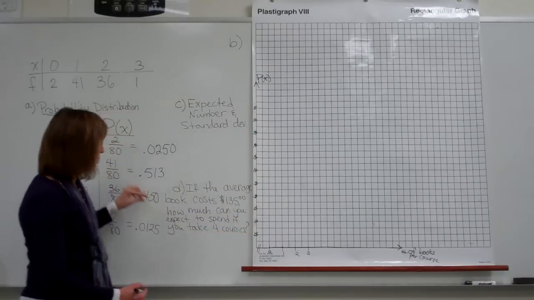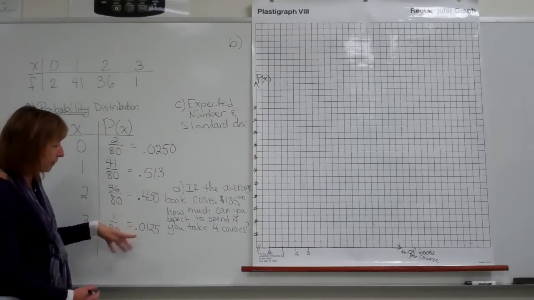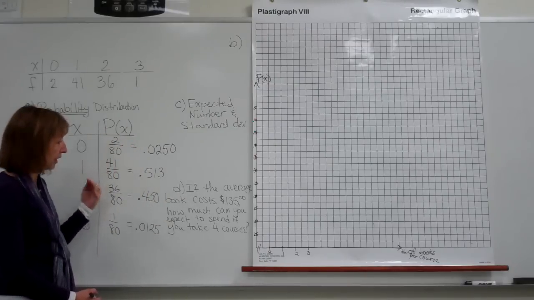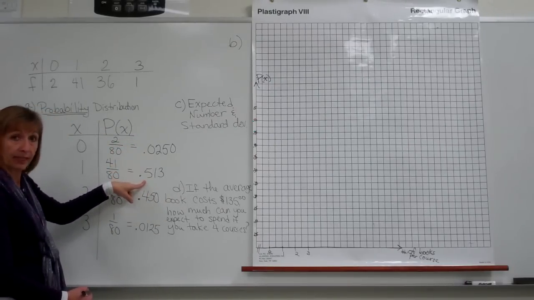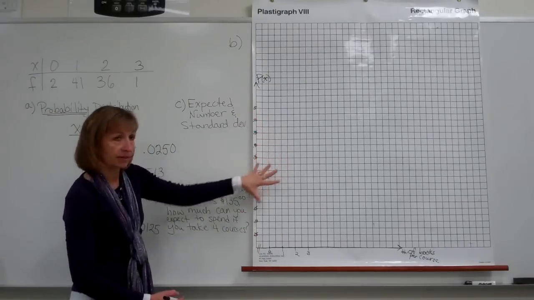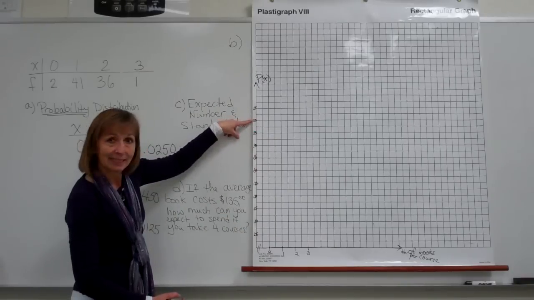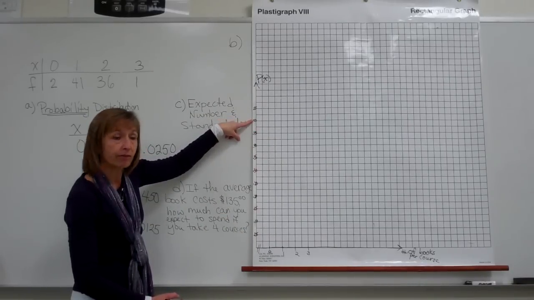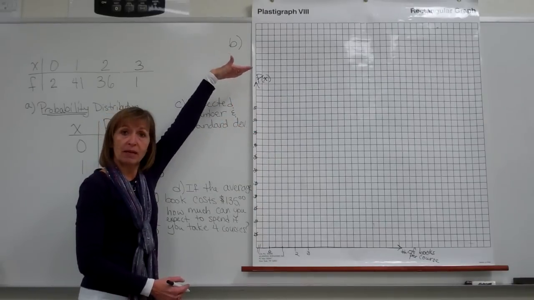We looked at the decimal representations for the probabilities, and it topped out at 0.513. So when I looked at how I was going to segment off the grid in order to draw this, I knew I needed to get at least to 0.55 before I ran out of space on my grid.